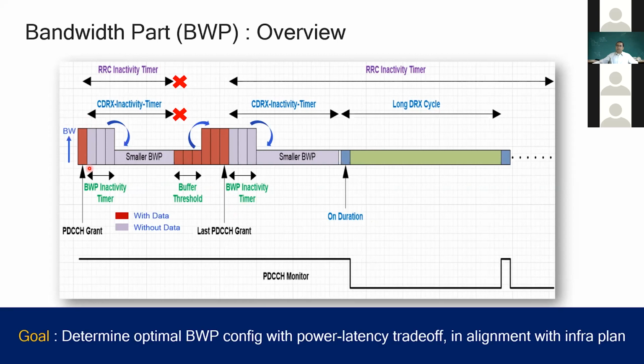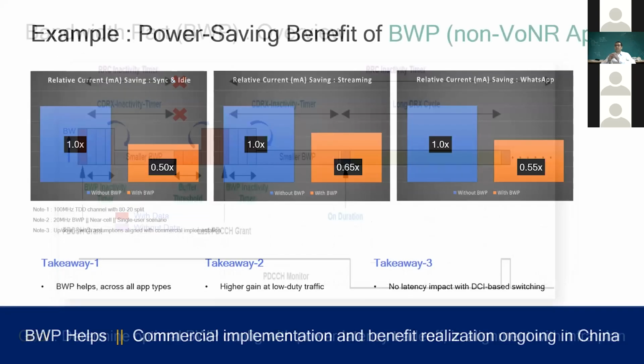For example, where my mouse pointer is, here it is a 100 megahertz channel, and we could switch to a smaller bandwidth part. So we still monitor PDCCH, but we monitor PDCCH for a smaller bandwidth, saving device battery consumption. How to switch and when to switch are configured in advance by the base station, and the UE accordingly dances to that tune. Now let us look at the saving that we expect.